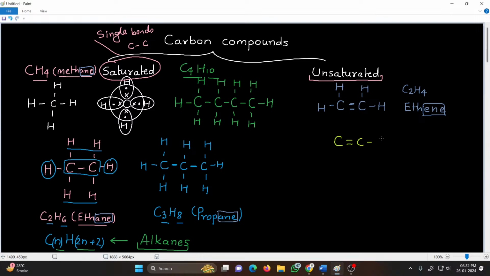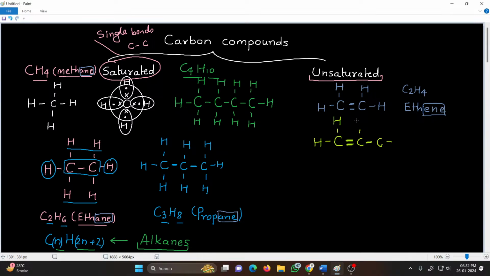If there are 3 carbon atoms and a carbon-carbon double bond between, let us say, the first and second carbon atom like this, then we can fulfill the remaining valencies like this. Now for this first carbon atom, it is forming a double bond with the adjacent carbon atom. So 2 valencies are already fulfilled. So 2 more valencies are to be fulfilled by the hydrogen atoms. For this carbon, you can see that 2 electrons are received from this and 1 from this carbon. So only 1 more is required.